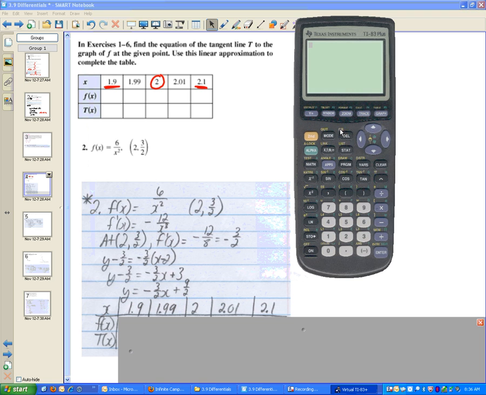All right, let's get our calculators out. And we can actually do all this at once here. Let's make y1 our function. And let's make y2 our tangent line. Let's make sure that our table is set for the independent variable to ask.